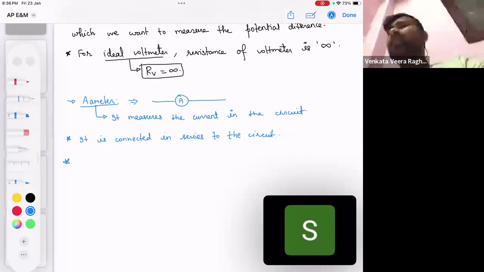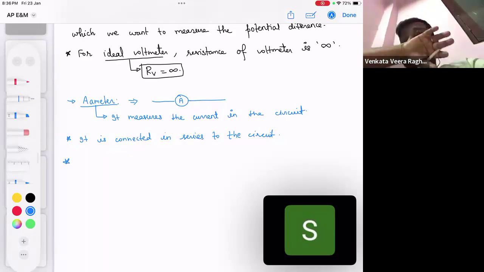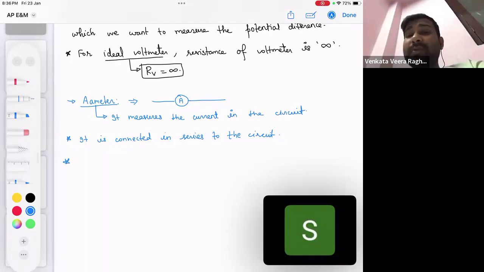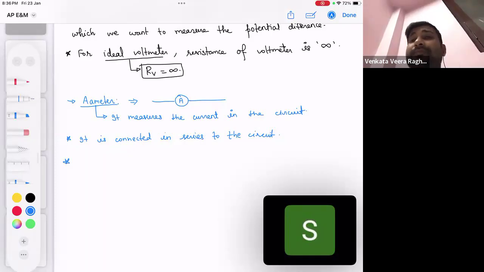And one last thing: it is connected in series, right? Think about it. What will happen if it has very high resistance? It will not allow any current to flow through it, and we won't get any measurement of the current. That's why, if I am going to use an ammeter, we will try to keep the resistance of the ammeter as low as possible.